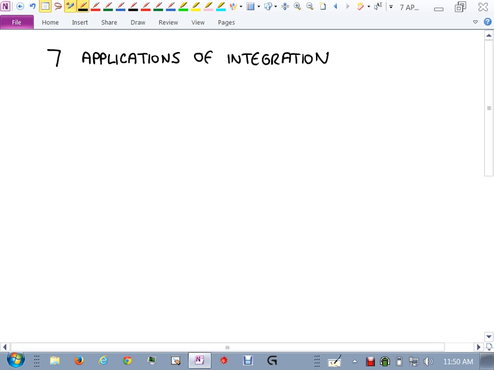Applications of integration. And the first section in this chapter is titled Areas Between Curves. Between curves. Not area underneath a curve, but the area between curves. That implies there's more than one curve, right?